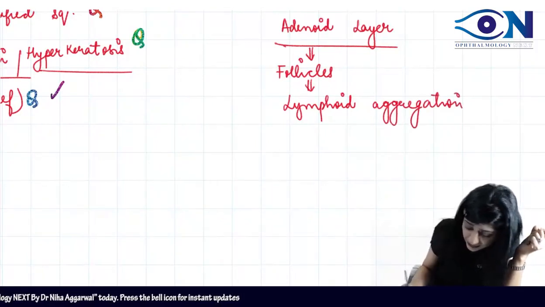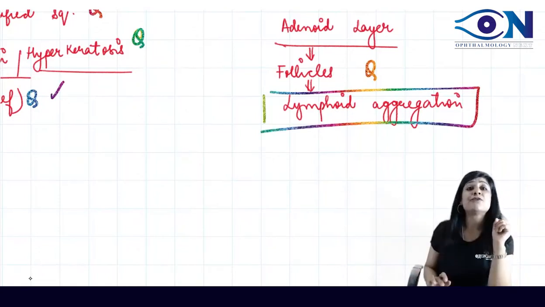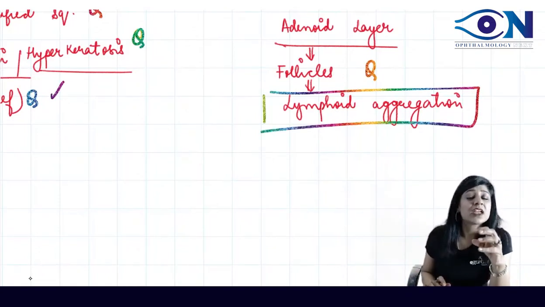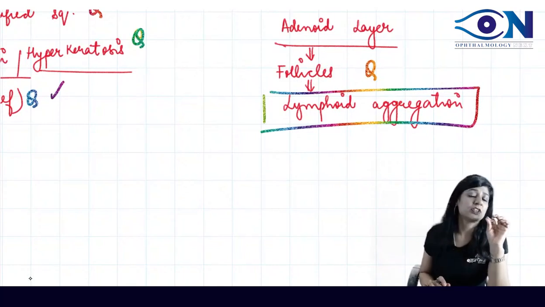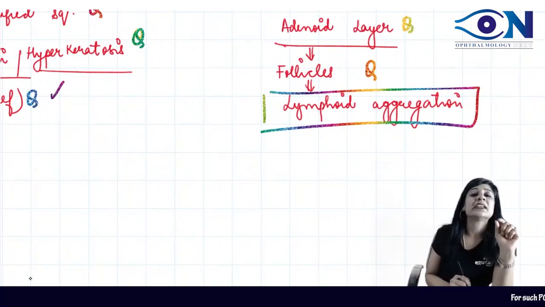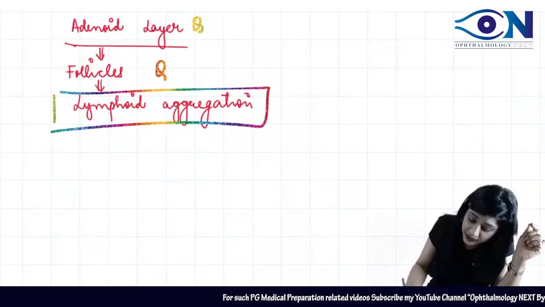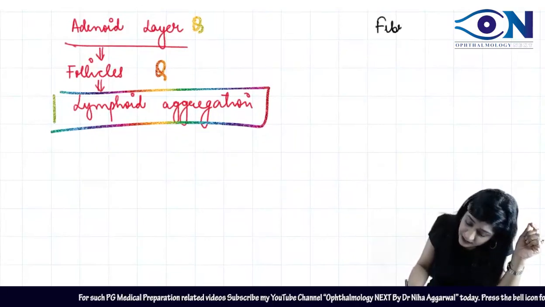This is again a third question that could be asked. Whenever we have follicles and lymphoids, we have the follicular kind of conjunctivitis. Any kind of follicular conjunctivitis is always present in the adenoid layer, while the third layer is the fibrous layer.